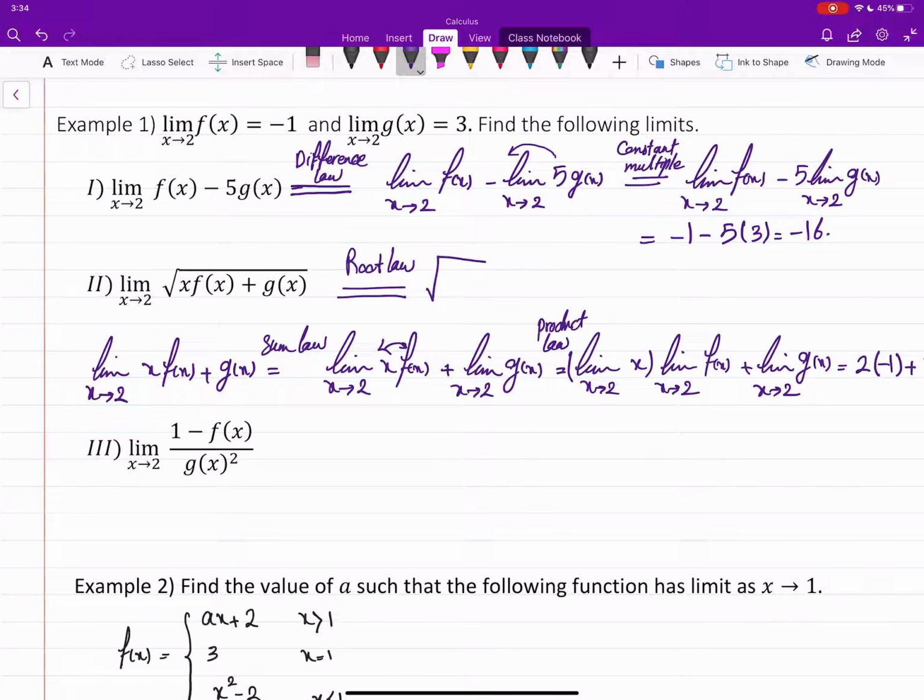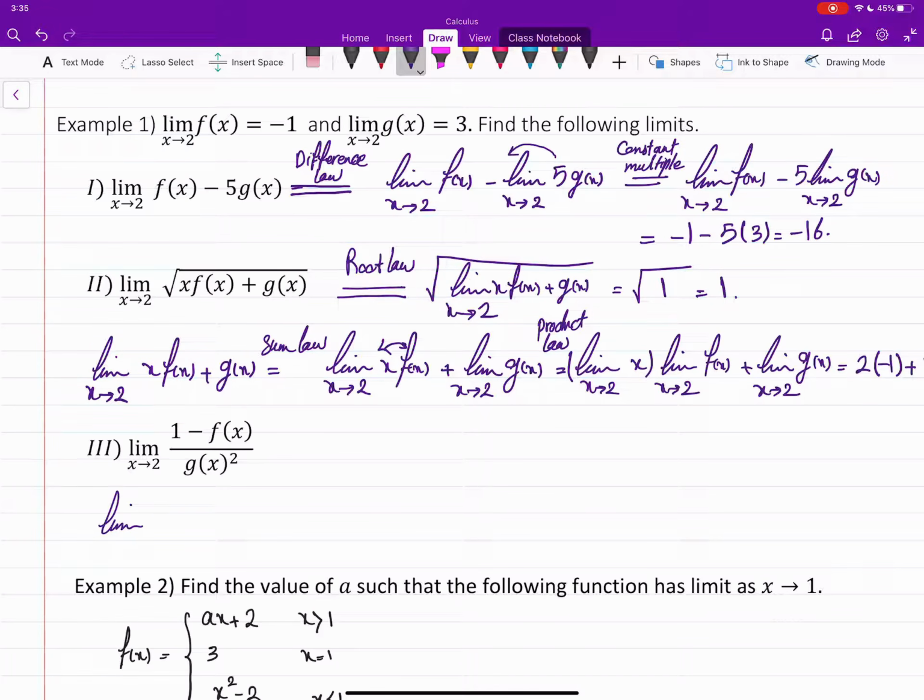This will be the limit of x f(x) plus g(x): first find that as x goes to 2, then find the square root. We already found that this is the square root of 1, and that gives us the value of that limit, which is 1.